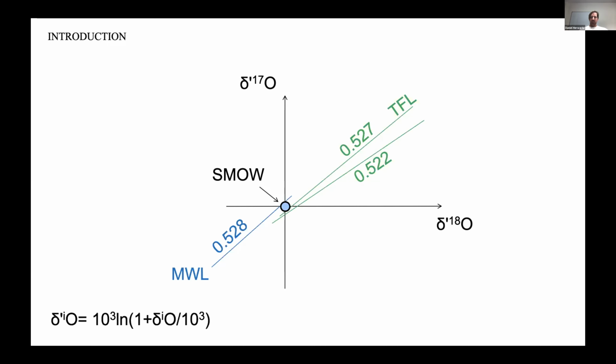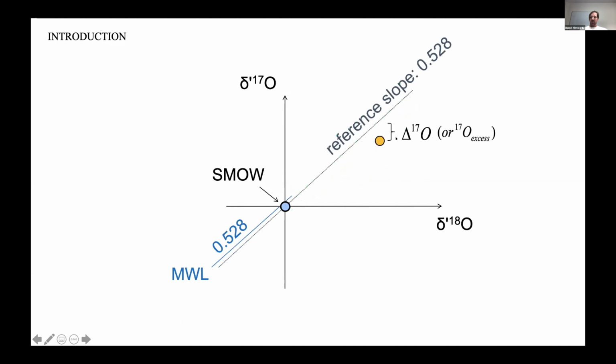Also, these TFL slopes tend to have negative intercepts, and they are usually shallower than the meteoric waterline, which has a positive intercept. What we are seeing here is the variation purely due to mass-dependent processes. If you plot it with small delta versus small delta, or with the delta prime notation, you would not see this variation.